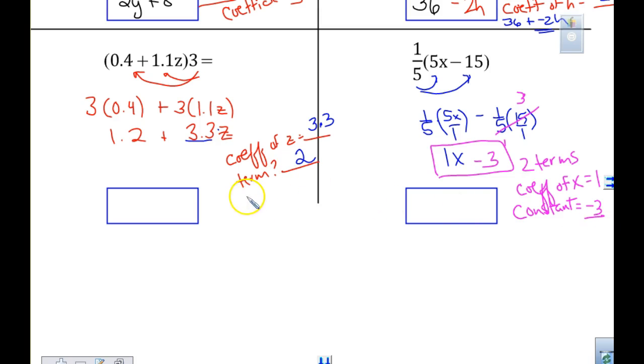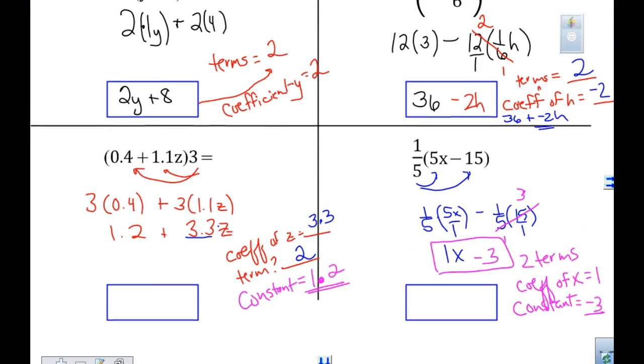The constant over here in this one, if I was looking for the constant, is just the number, which would be 1.2, okay? So the constant is simply the number. The word coefficient is the number that's times the variable, okay? So we kind of start with a lot of vocabulary as we're looking at this with distributive property, okay?